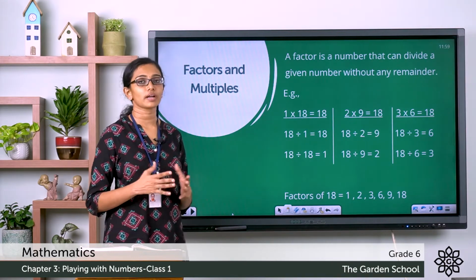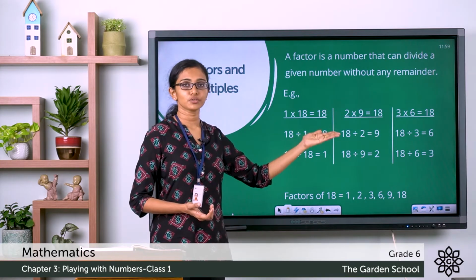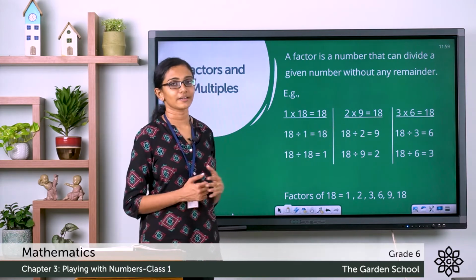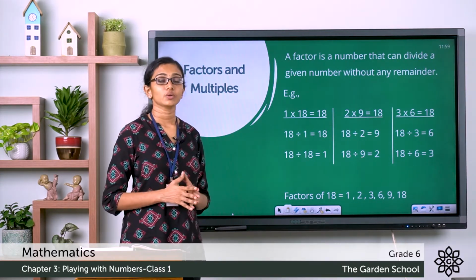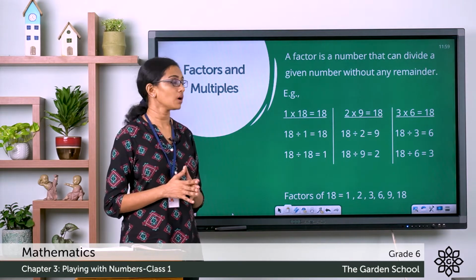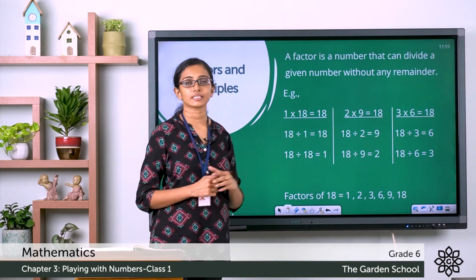Both give the same product 18. Or 18 can be 2 into 9 or 9 into 2. And 18 can also be 3 into 6 or 6 into 3. So you can see we can obtain 18 using different combinations of numbers. So 18 is a multiple of 1, 18, 2, 9, 3 and 6.